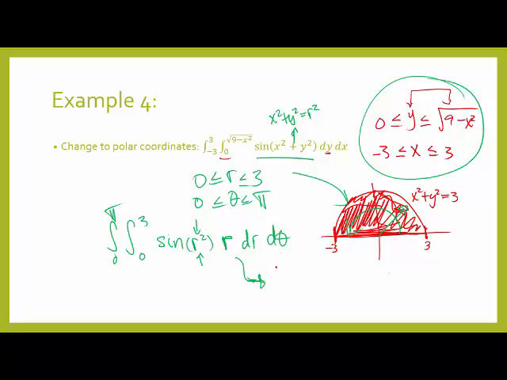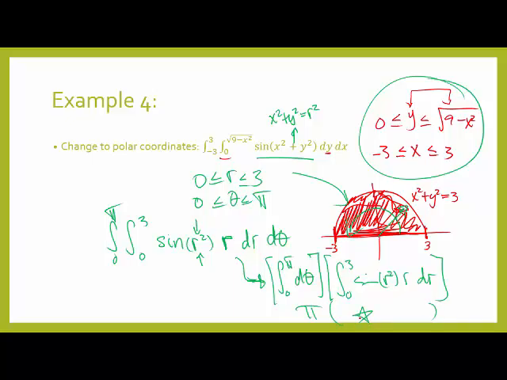Wait, there is no theta. There's a 1 d theta. But I know the integral of 1 d theta is just theta. Theta from 0 to pi is just going to be pi. So already that outer integral, if I could do that separately, I'm already done with that. And so you just need to figure this out with a u substitution.